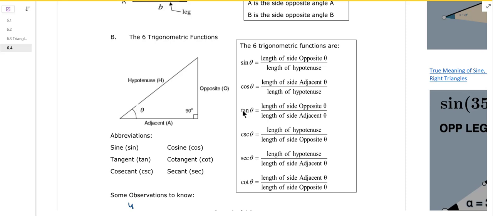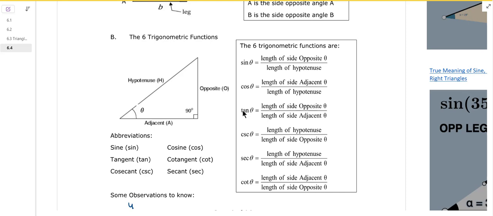The cosine is the length of the side adjacent to theta divided by the length of the hypotenuse. And then the tangent is the length of the side opposite over the length of the side adjacent to the angle theta.